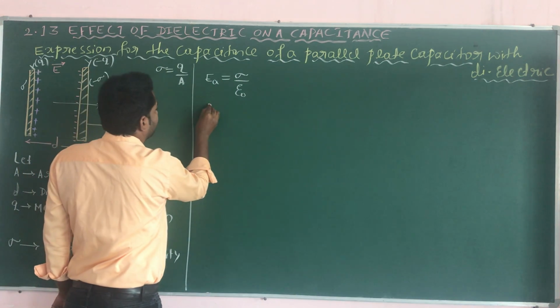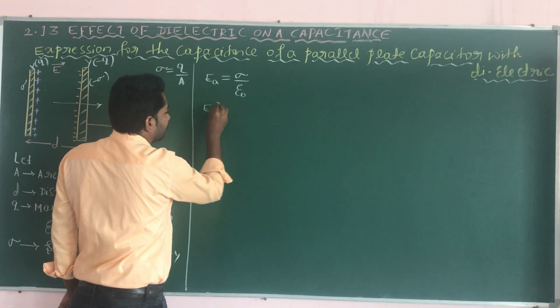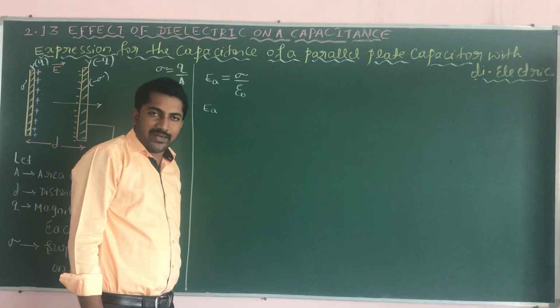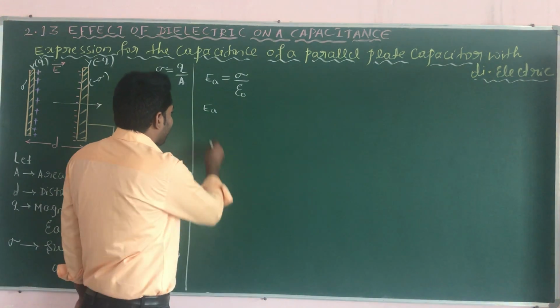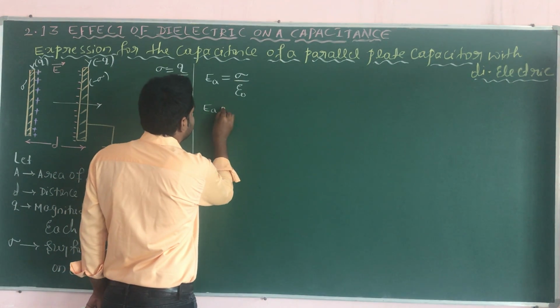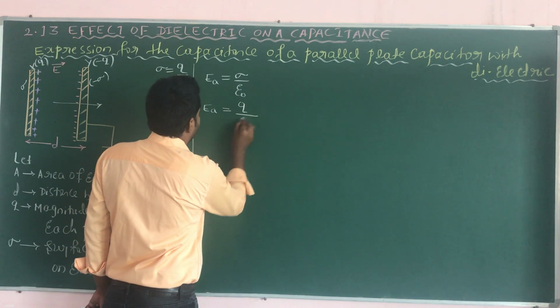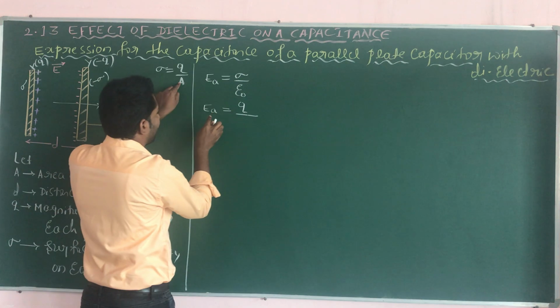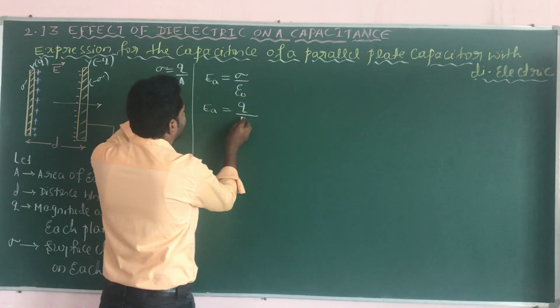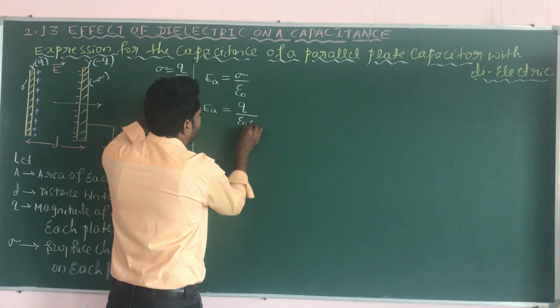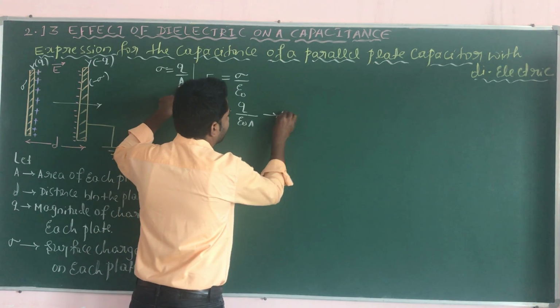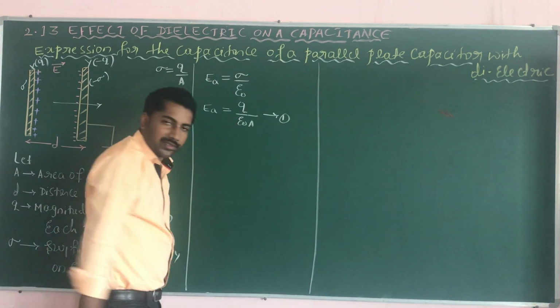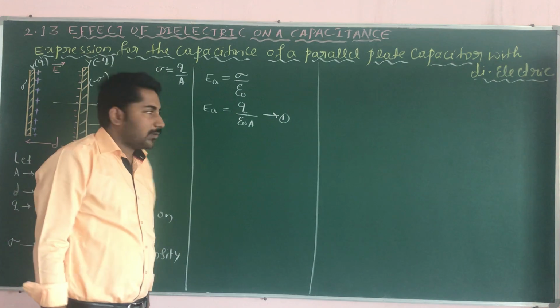So the electric field in air is E_a equals Q divided by epsilon naught into A, using Q divided by A instead of sigma. This is equation number 1.